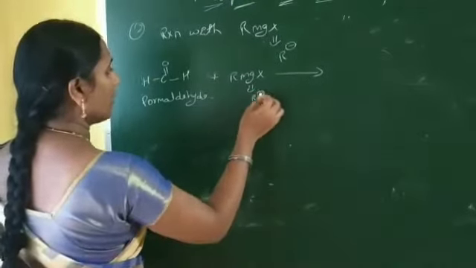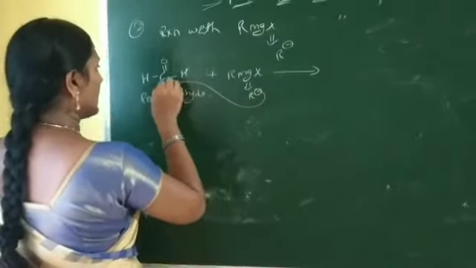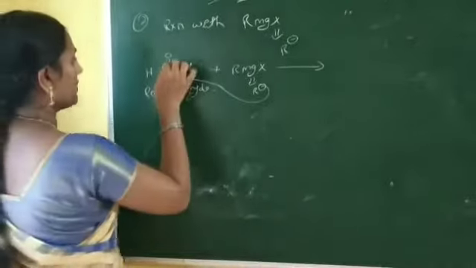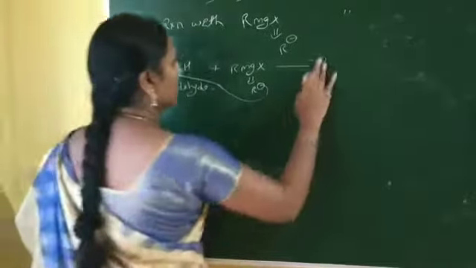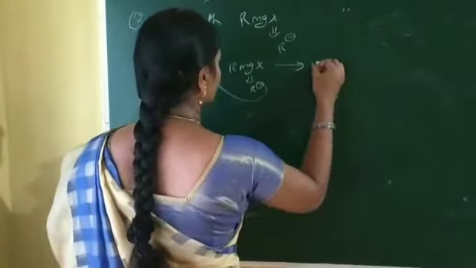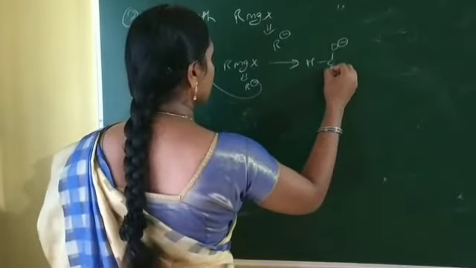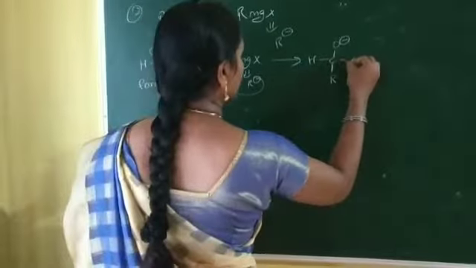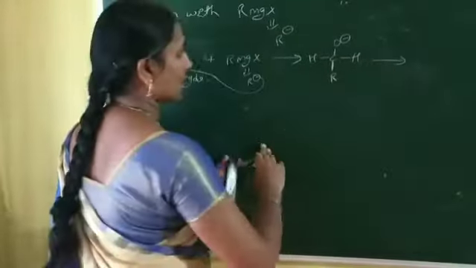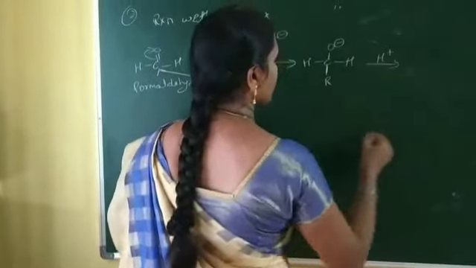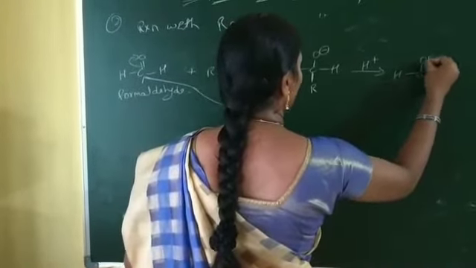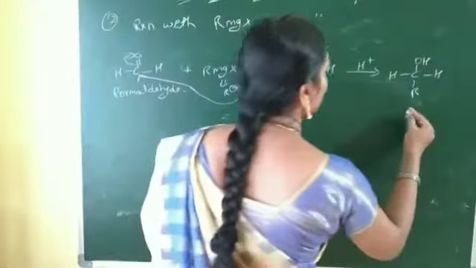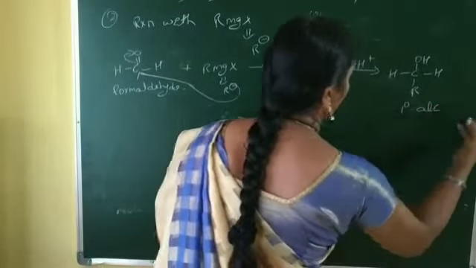This R minus nucleophile directly adds at the partially positive carbon atom, and immediately the double bond shifts to the oxygen side to form an oxyanion, H, C, O minus, and the new C-C bond is formed between C and R, and again H. This oxyanion is treated with electrophile H plus to form H, C, OH, and H. Now an alcohol is formed. This alcohol is a primary alcohol.